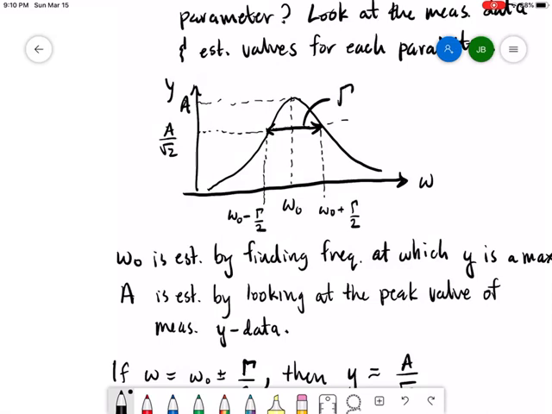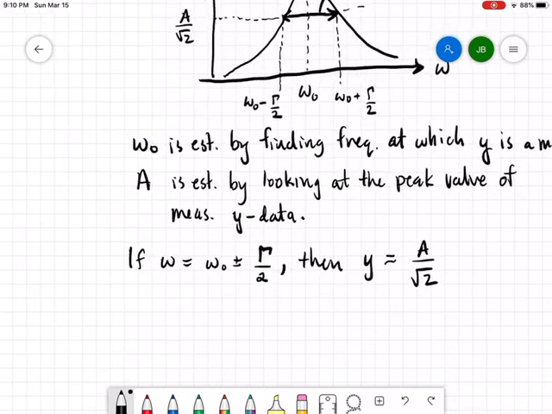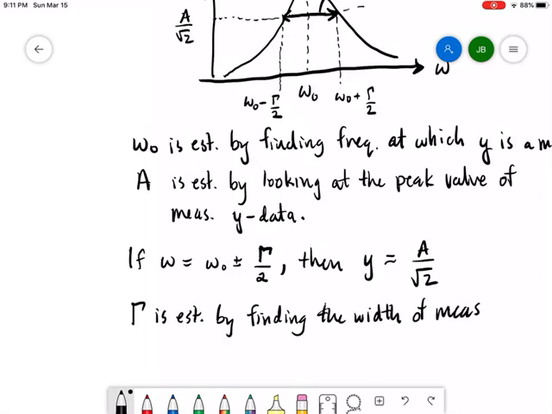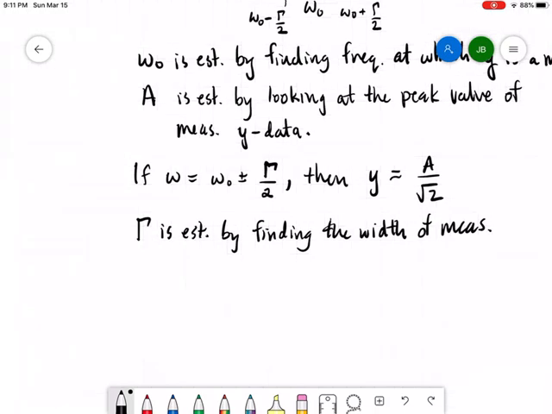The width of our function at the peak value divided by root 2 is an estimate of gamma. So gamma is estimated by finding the width in frequency of the measured data when y is equal to the peak value A over root 2.